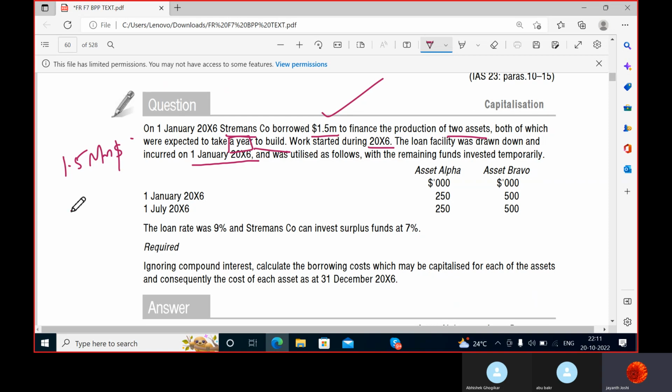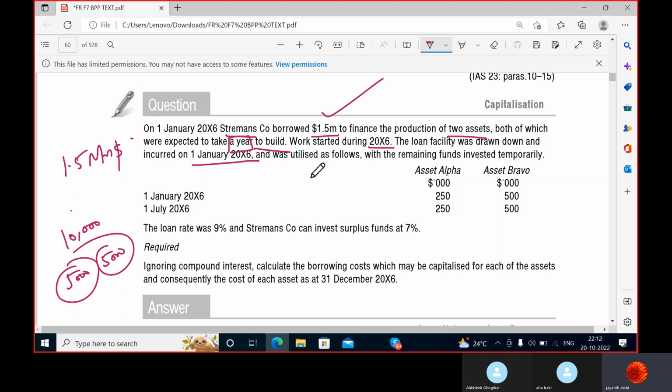They utilized some part in the first 6 months, and the rest in another 6 months. Suppose I have $10,000, so 5,000 I utilized in the first 6 months, 5,000 in the next 6 months.